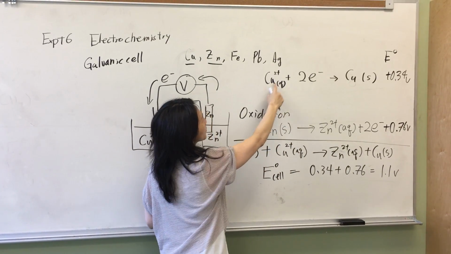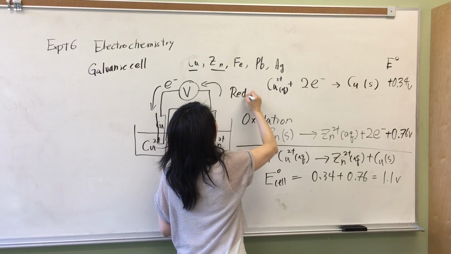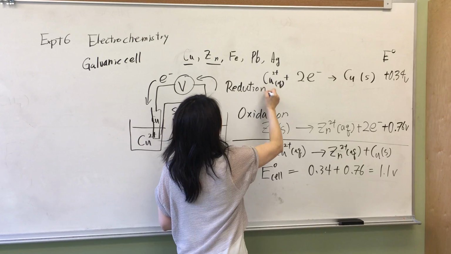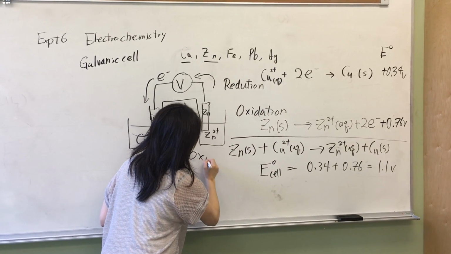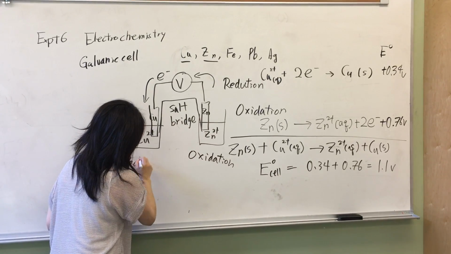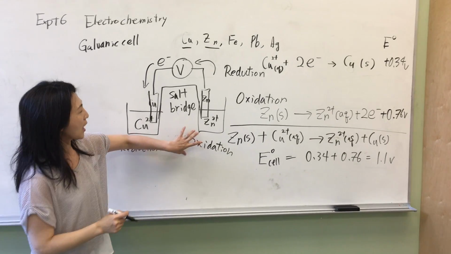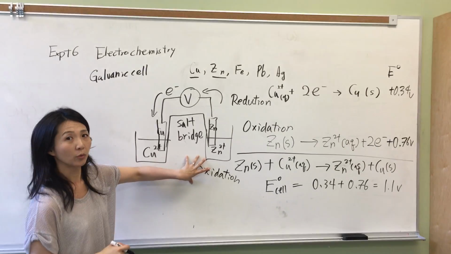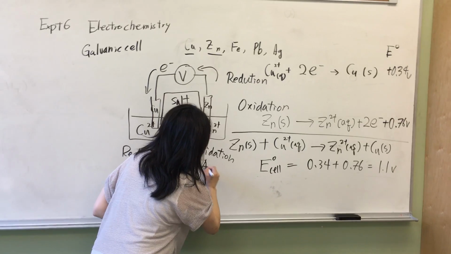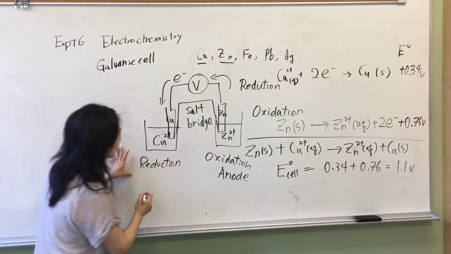This one is reduced, from positive 2 charge to 0, so this one is a reduction reaction. So here is oxidation and then reduction. In the galvanic cell, the one that is oxidized is called the anode, okay? And the one that is reduced is called the cathode.